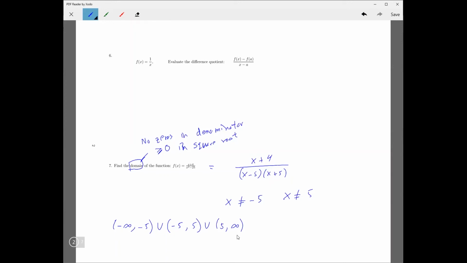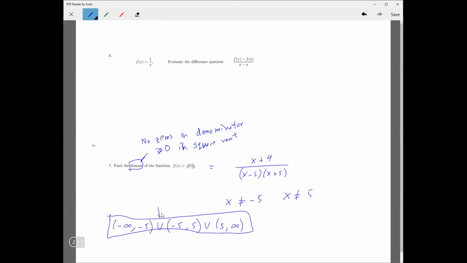And for the union sign, if you just type union, that will get it to you. And if you want to put infinity, you can find a symbol in the calc pad, or you can type the word infinity.